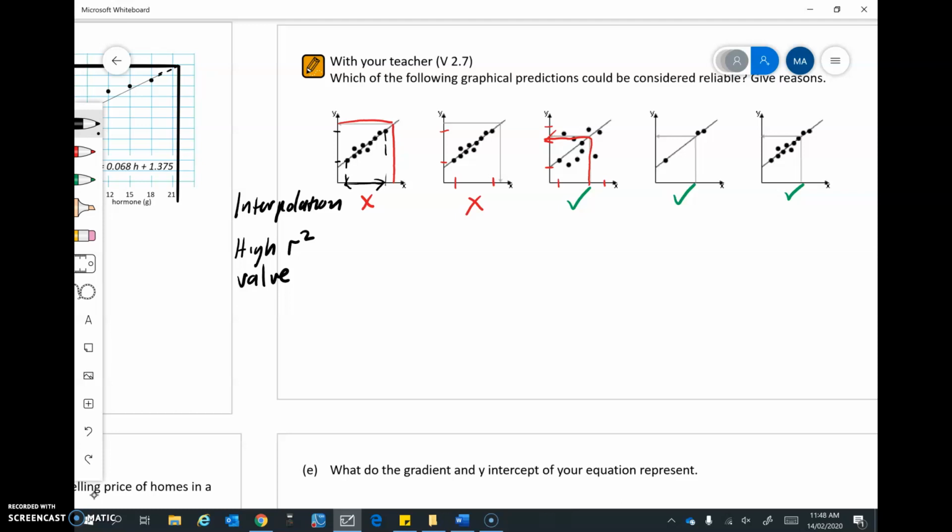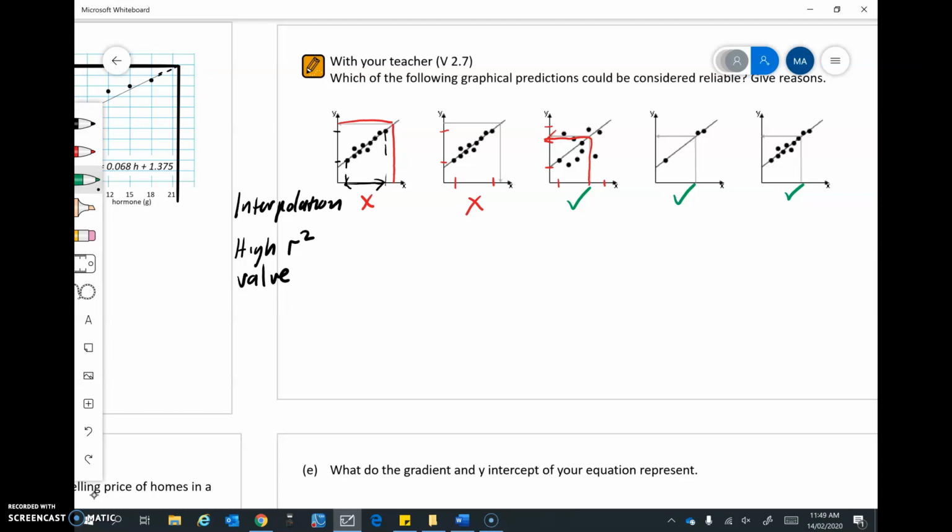Normally the calculator tells us the R squared value, but you can tell from these graphs generally whether we get a high R squared value, because the R squared value goes hand in hand with the R value. So if correlation looks strong, then chances are the R squared value is also high.